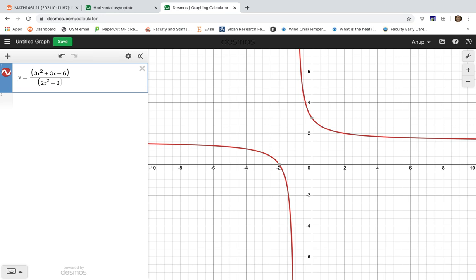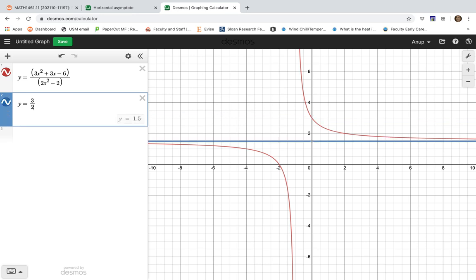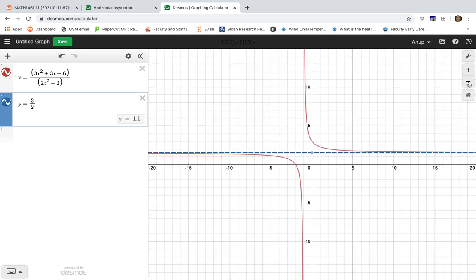To find the horizontal asymptote, we just need to look at the degree, and if they are the same, like this is a second degree polynomial, this is a second degree polynomial, so we just take a ratio of the leading coefficients, which in this case is 3 over 2. So y equal to 3 over 2, I'm going to draw this line as a dashed line, so you can clearly see that the dashed line is actually the horizontal asymptote. That's exactly what we are seeing here on the graph.